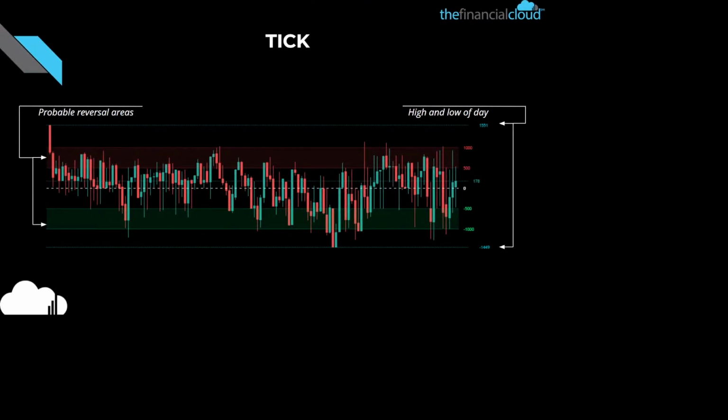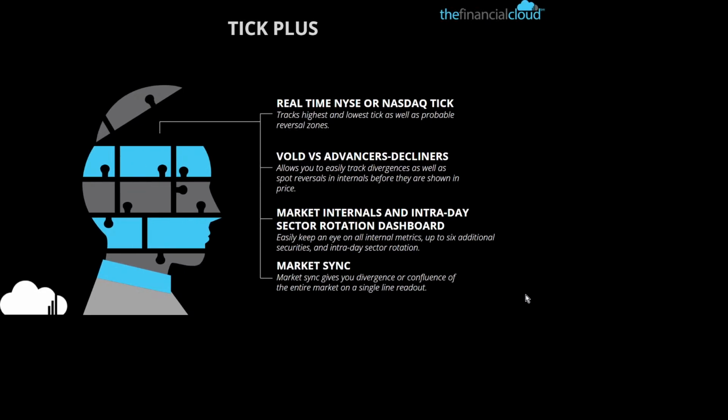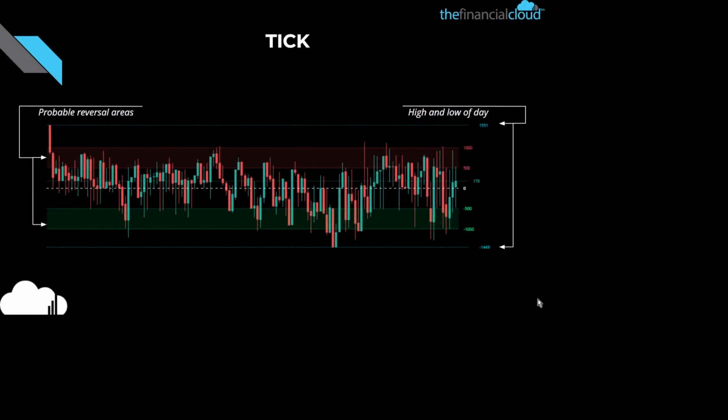The last thing is our market sync. So market sync gives you divergence or confluence of the entire market in a single line readout. This is what really is the powerhouse of Tick Plus. It is a single line. It doesn't look that strong, but you will never have to be on the wrong side of trend with our market sync as well as our quad momentum.